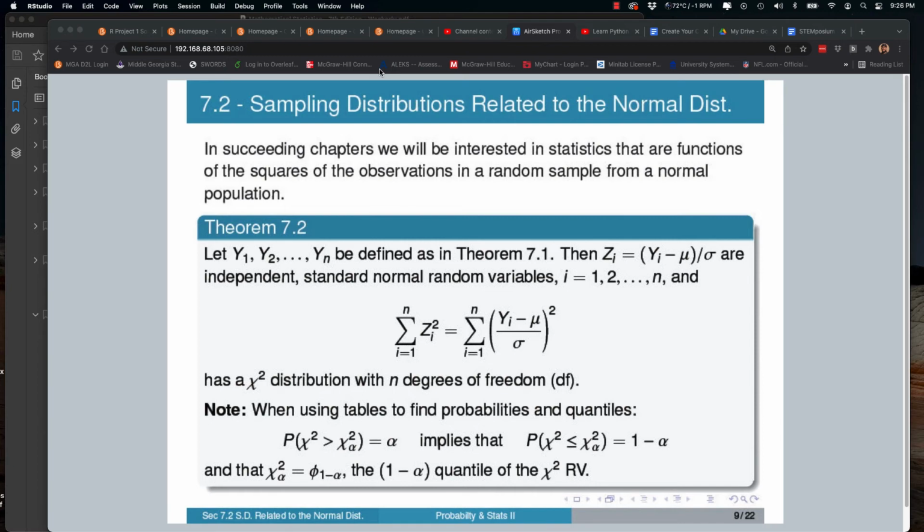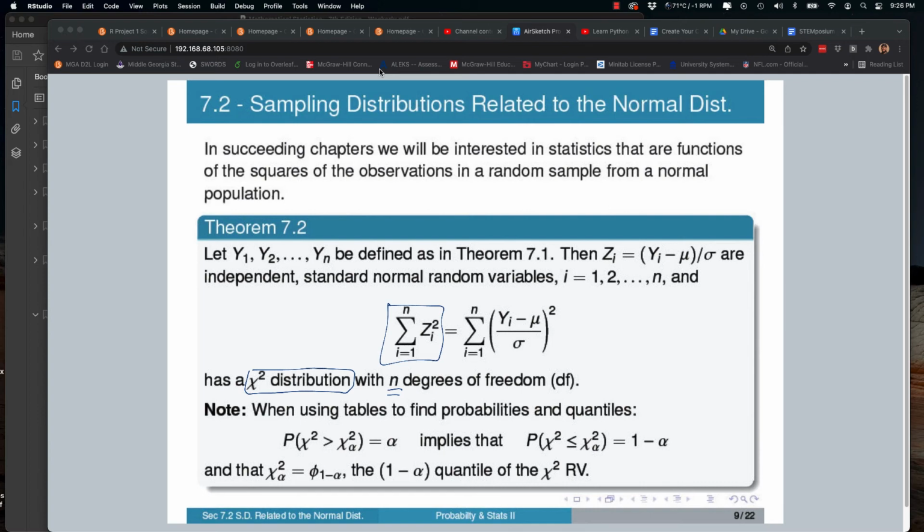This will have a chi-square distribution with n degrees of freedom. This is not the typical chi-square distribution we're used to. The one we work with next will be the more broadly used one, but this one deals with z sub i squared terms specifically. So pay attention to whether they ask for this one.